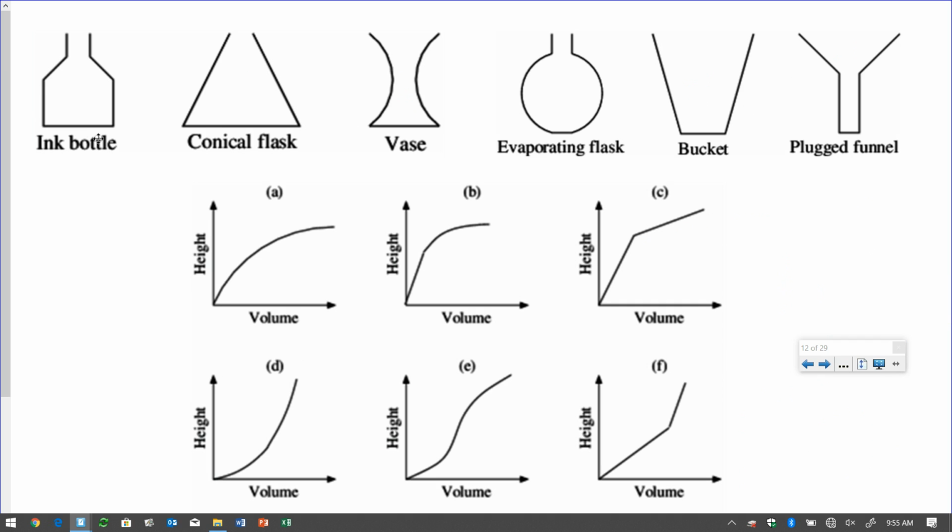So if we look at this ink bottle, do you see when I start filling this up, it's going to be constant. Everybody agree with that? The area is going to be the same. So what's going to happen if I graph my h, my height, versus my volume, or h versus time, it'll be the same thing. It's going to be constant at first. I mean, h would definitely be increasing, but it's going to be constant.